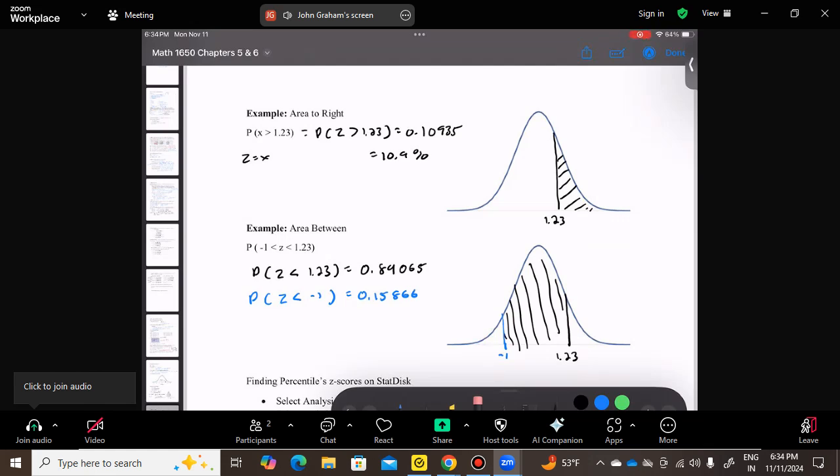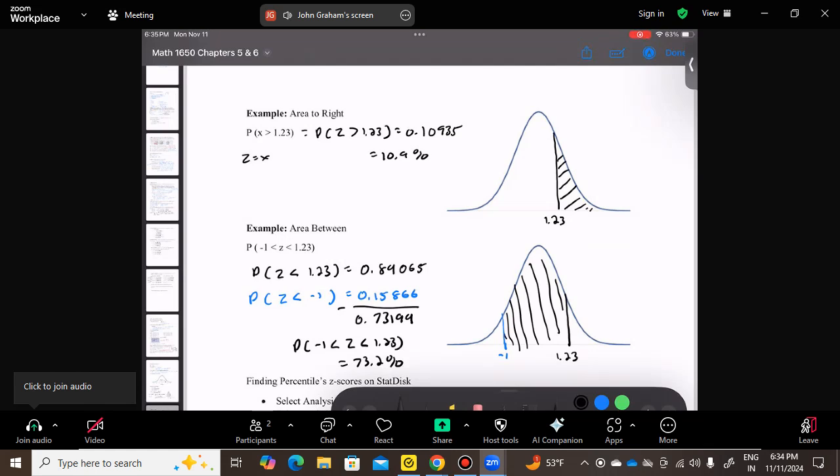So when we subtract these, we'll get 0.73199. Okay, so the probability of z between -1 and 1.23 is equal to 73.2%.